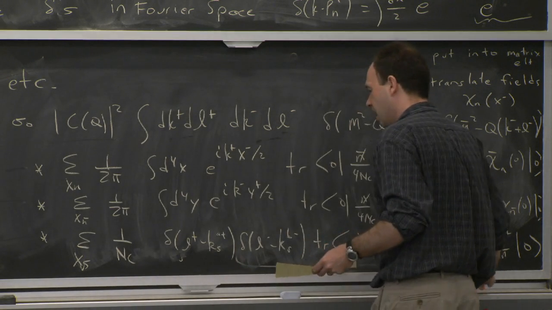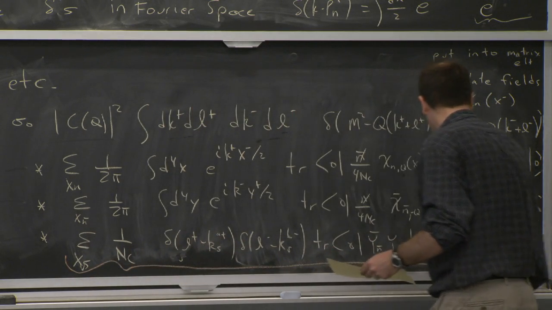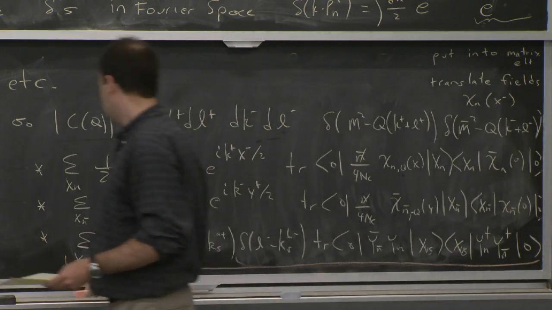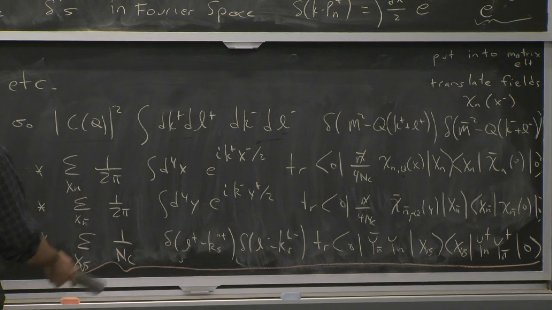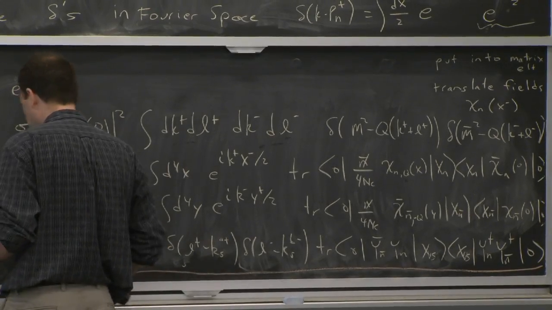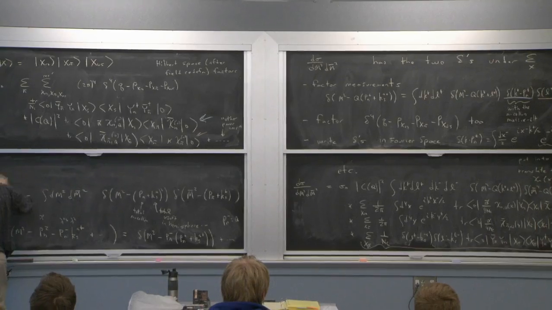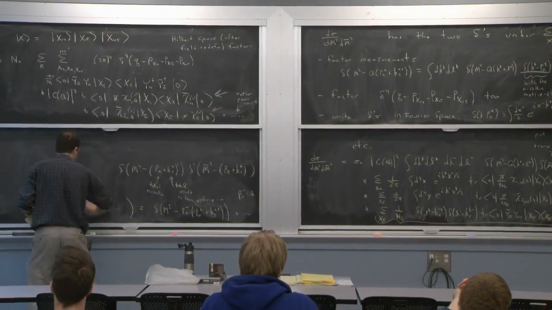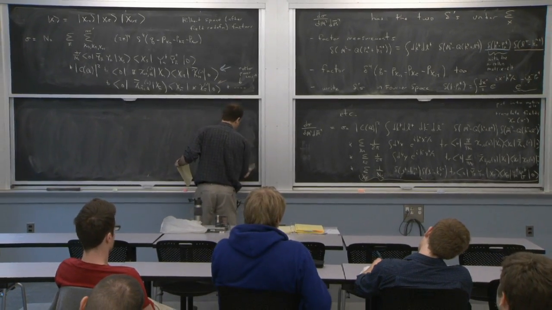So this last guy, if you think about what this matrix element is, it's just some function. We sum over all X_s, so we sum over all the intermediate states. The only thing we're fixing are l plus and l minus. So when we sum over states, we actually integrate also the momentum of particles in the state. You can think of those as different states.